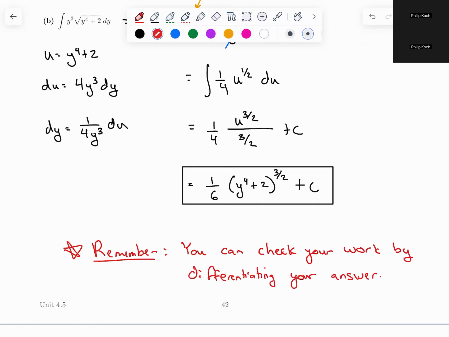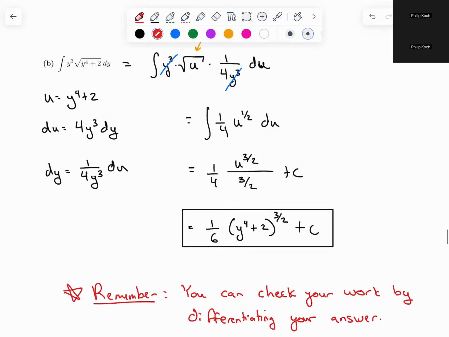Then you've got the derivative of the inside, so that'd be 4y cubed. The 4 and the 1/4 cancel. You get y cubed on the outside times y to the fourth plus 2 to the 1/2 power. It works. Now there are a few circumstances where taking the derivative doesn't look the same, but that's few and far between. Basically, almost everything we do, if you take the derivative, it should get you back to the integrand because they're inverse operations of each other. So you can always be certain of your work if you check.